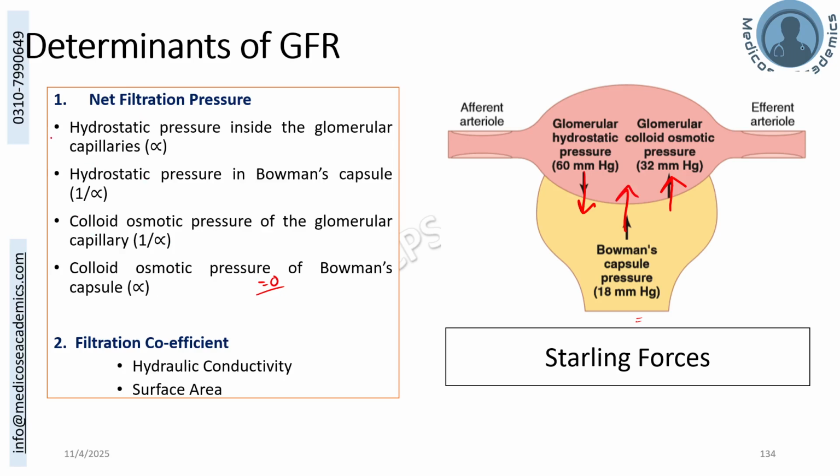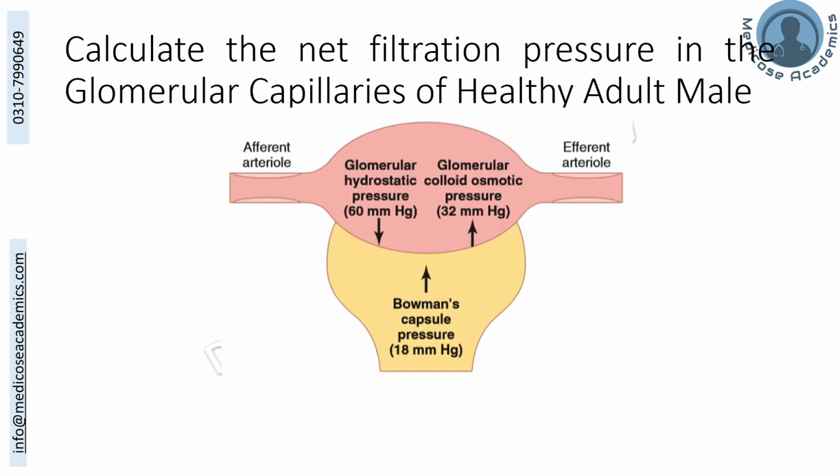So there are two forces which promote filtration and two forces which decrease filtration across the glomerular capillaries. If you understand the basic logic, you can predict, by looking at variable factors, which Starling force they are acting at and what the possible role is, increasing or decreasing the filtration, and thus the GFR as well.